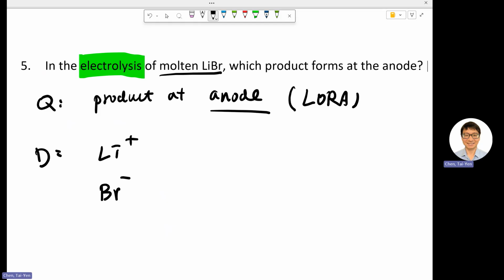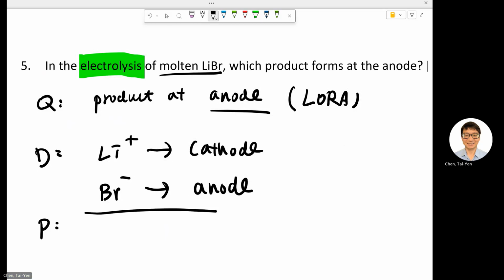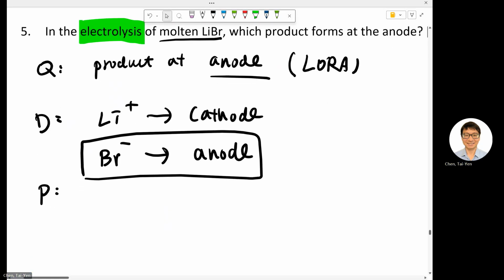Okay, and then when you do the electrolysis, cation goes to the cathode, anion goes to your anode. So by doing this simple analysis, you should know you care about the anode, so Br- has undergone oxidation to form the product at the anode.